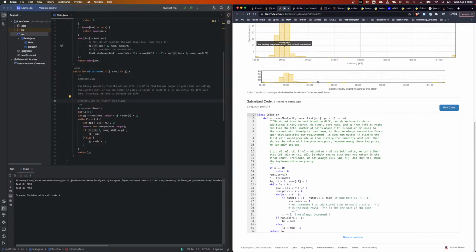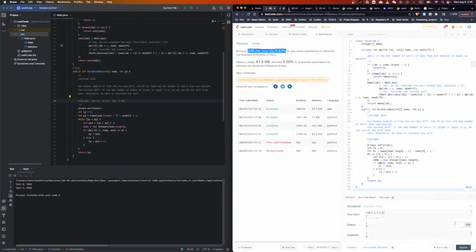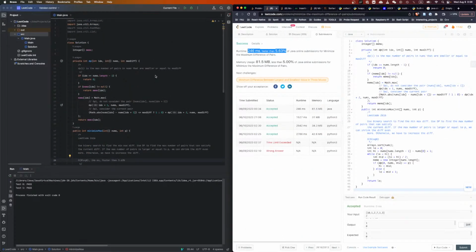It does not matter if picking the first pair would preclude us picking the immediate next pair. I remember that. Among these two pairs, we can only get one. Holy crap. Oh yeah, that makes sense.